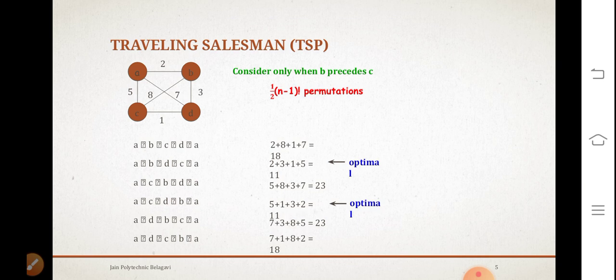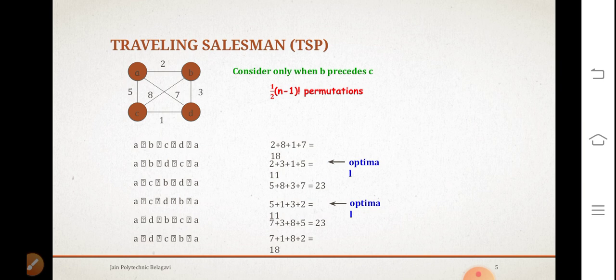Here we have an example graph with four cities, four vertices, A, B, C, D. The distance from A to C is 5, from A to B is 2, and from A to D is 8.